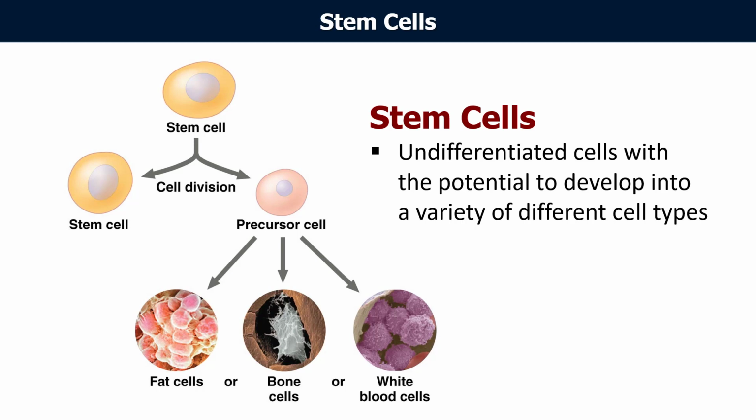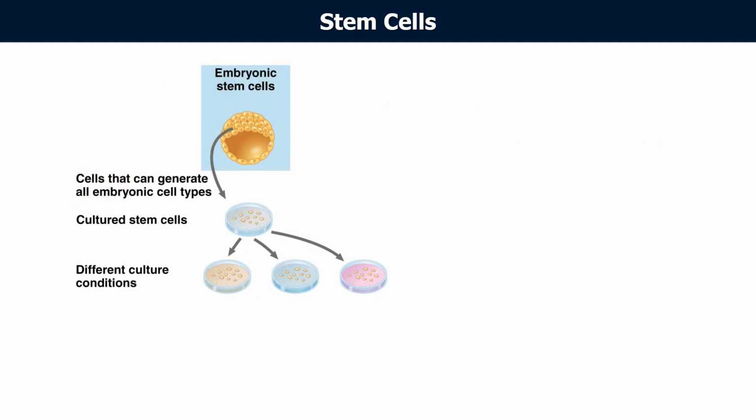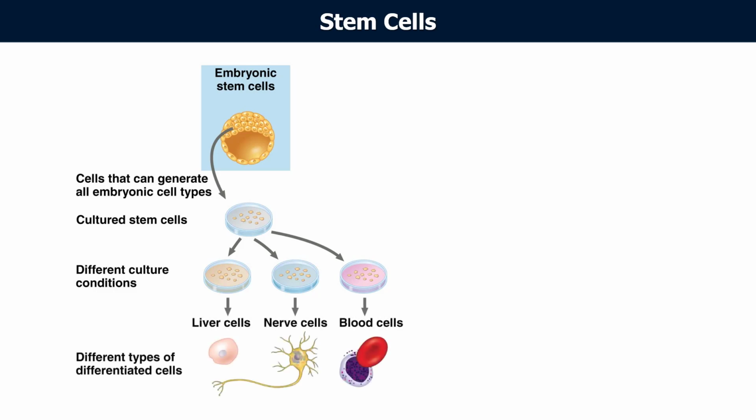Now, some cells can become any cell type, whereas other stem cells are limited. So let's discuss that for a second. Embryonic stem cells, the ones that are at these very early stages of the embryo, we can break that embryo apart, we can grow them in culture, and if we kind of splash on them or supply them with the right growth factors, the right cell signaling molecules, we can get them to turn on certain genes and begin the orchestration, playing the sheet music of various tissue and cell types.